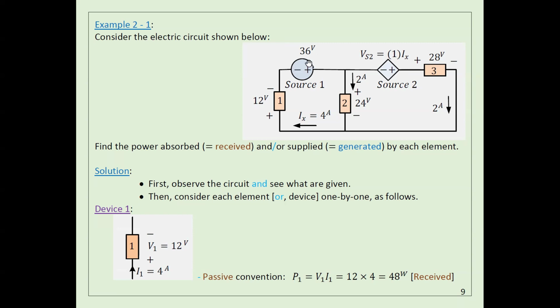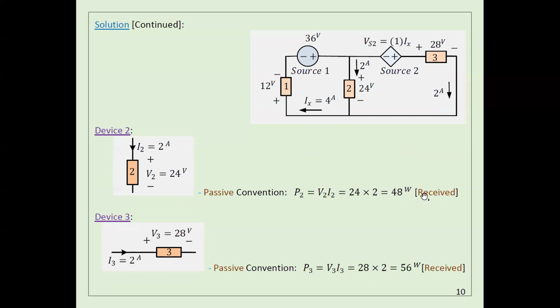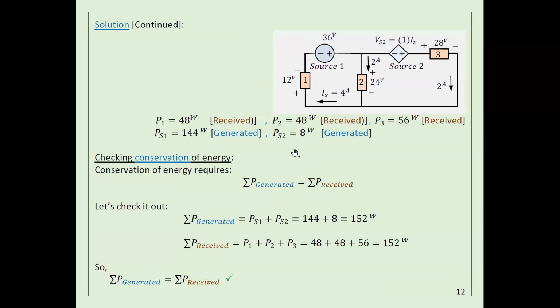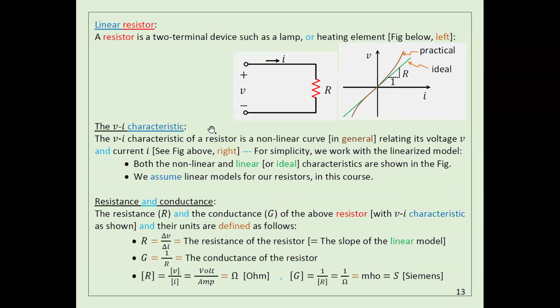These two sources are generating power. For sure, I don't know what these sources are because it didn't tell me. But for example, if you assume these are resistors, these elements are consuming power. So some elements are generating, some are consuming, and the summation of consumed power should equal the summation of generated power, okay? And power is just V times I, okay?